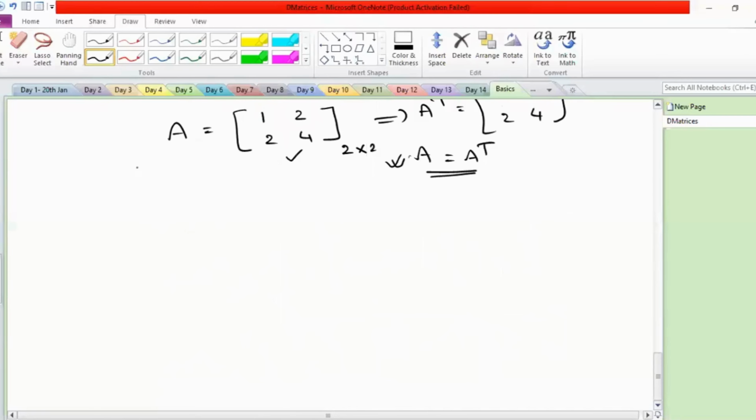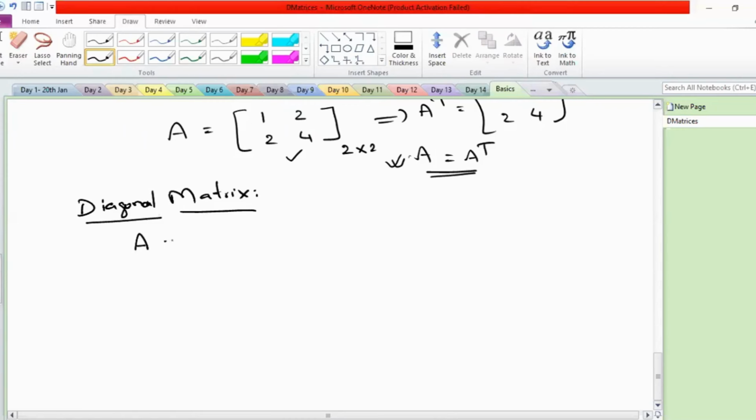Moving on. Another definition you need to know: diagonal matrix. Any matrix, okay?